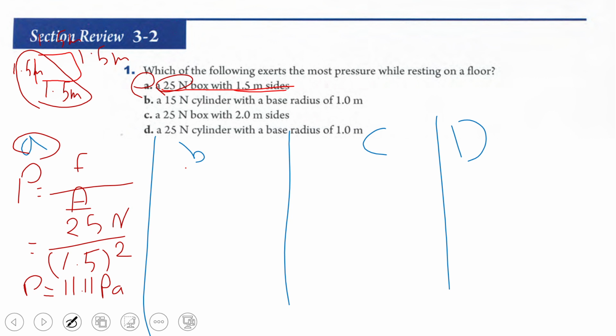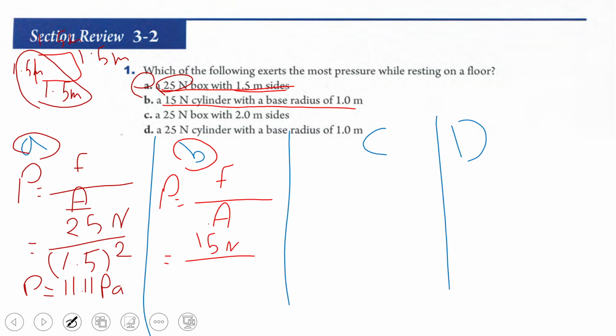Pressure of part B. 15 Newton cylinder with base radius 1 meter. Again, find pressure. Pressure equals force over area. Same thing. We have pressure equal to 15 Newton over area.